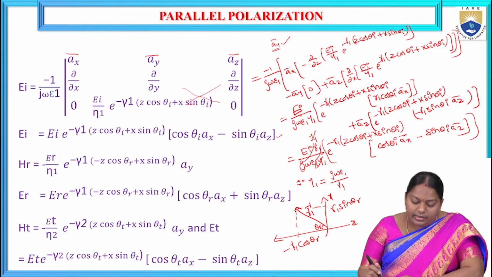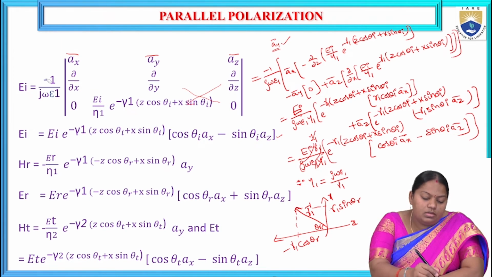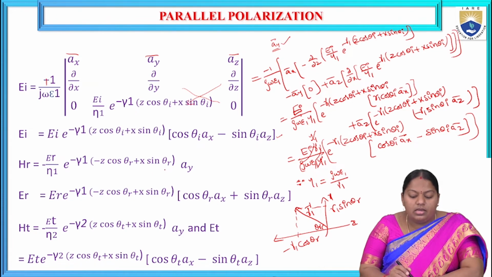If you simplify like that, here the equation for the HR, means reflected wave magnetic field intensity, has been obtained as ER by eta 1, means here there is no negative, this becomes plus only. So minus ER by eta 1 into e power minus gamma 1 minus z cos theta r plus x sine theta r into ay.